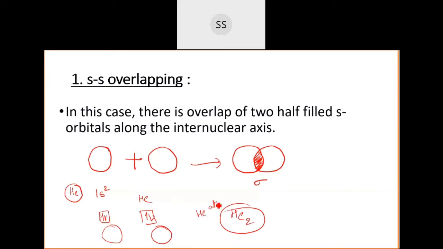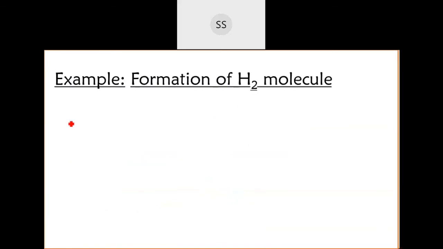So why does the helium molecule not exist? Because one helium atom has a paired electron and another helium atom also has a paired electron. If they already have paired electrons, that fusion will not be possible. Only if they have half-filled orbitals, with one electron each, is that fusion possible. Like the example here, formation of the hydrogen molecule.